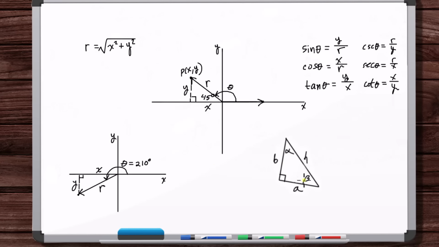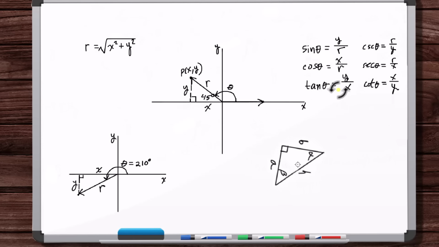Remember that these two angles, the two angles that aren't 90 degrees in a right triangle, are always going to be acute angles. So based on the standard definition, you're always going to be dealing with an angle that's in the first quadrant. And therefore, the x and the y are always going to be positive, which makes sense. Because here, you're dealing with the side lengths of a triangle, which are never negative.